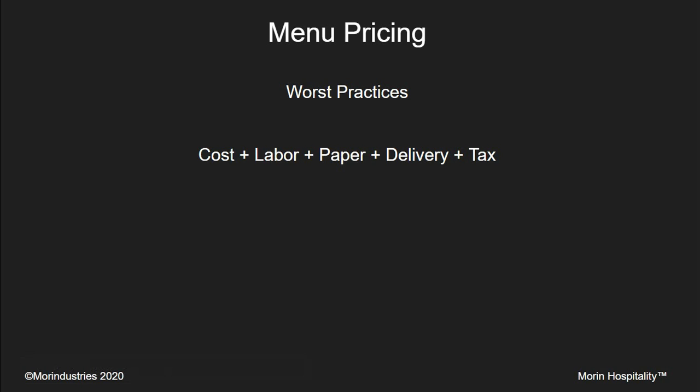So you're telling the client that this is the cost of the food plus the labor, which is how much money you want from the deal, plus the paper goods and plus the delivery, plus the tax. So you're taking the cost, and you're adding in what you want for profit, plus the cost of the paper, plus the delivery charge, which is inflated anyway, and they know that, plus the cost of tax.